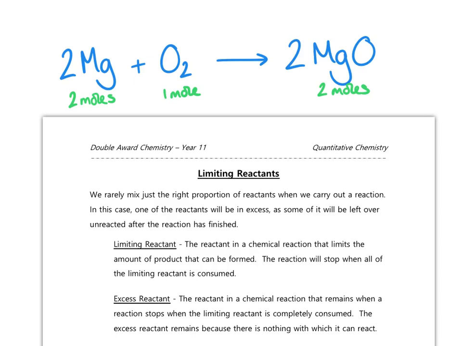We rarely say, for example, I have 4 moles of magnesium, then I use exactly 2 moles of oxygen because my ratio is 2 to 1. Quite often we will pick the more expensive reactant and use less of it.